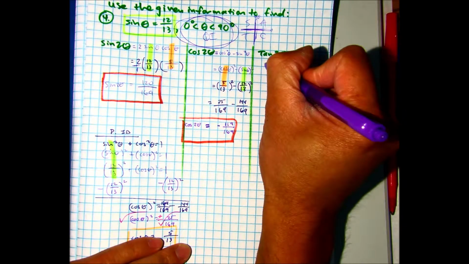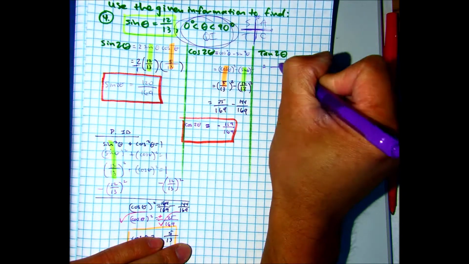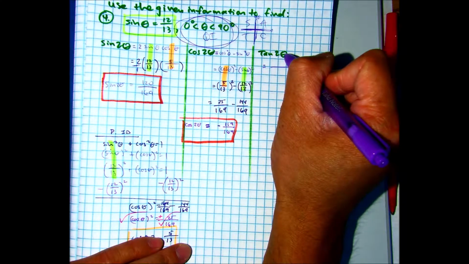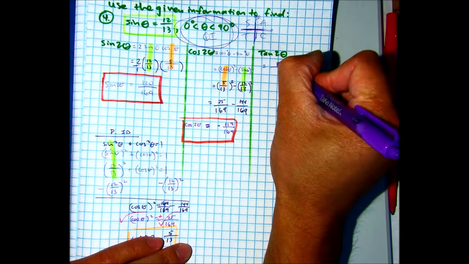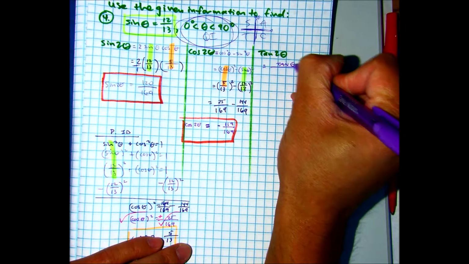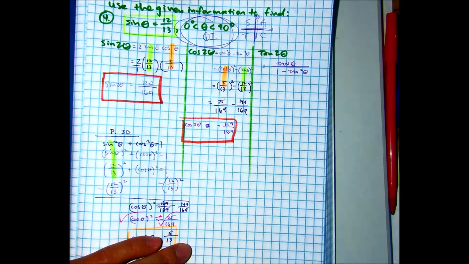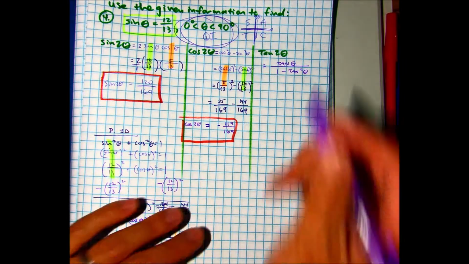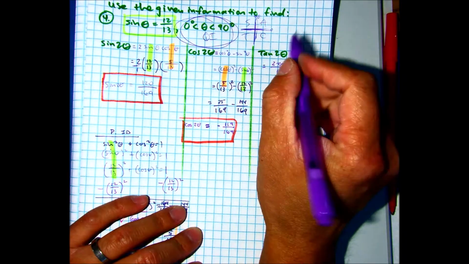Tan 2 theta equals 2 tan theta over 1 minus tan squared theta. Does that look correct? Are we missing anything? Yeah, we have a 2 there. 2 tan theta. Okay.